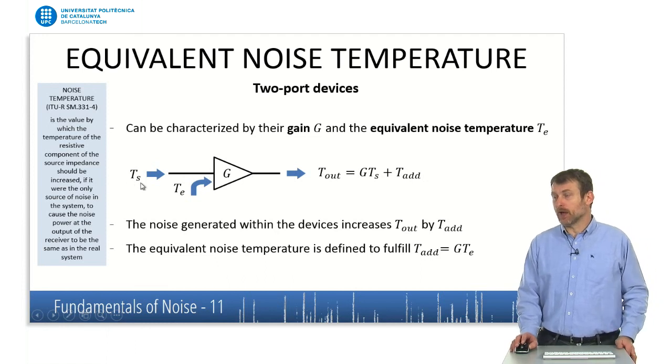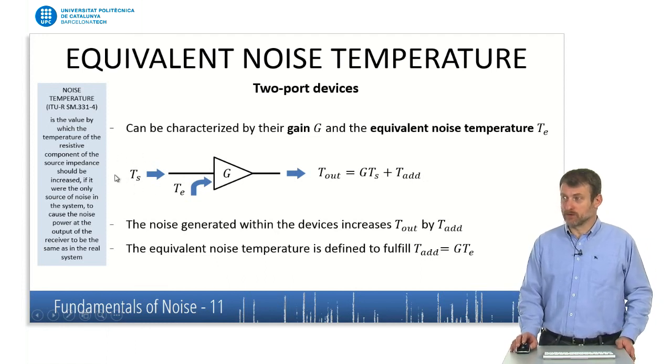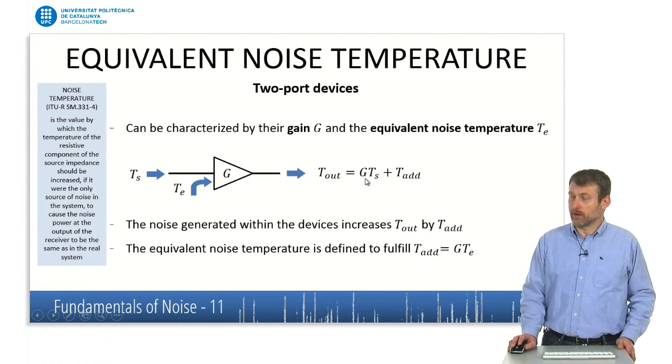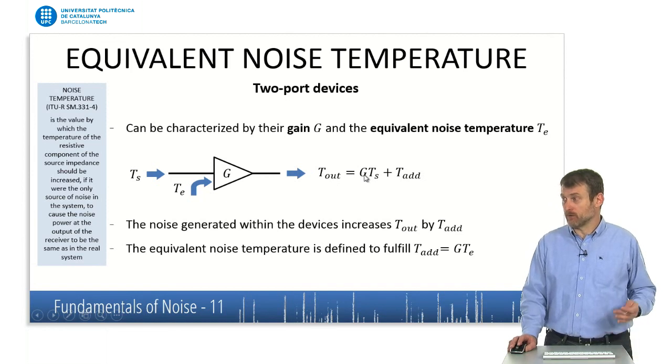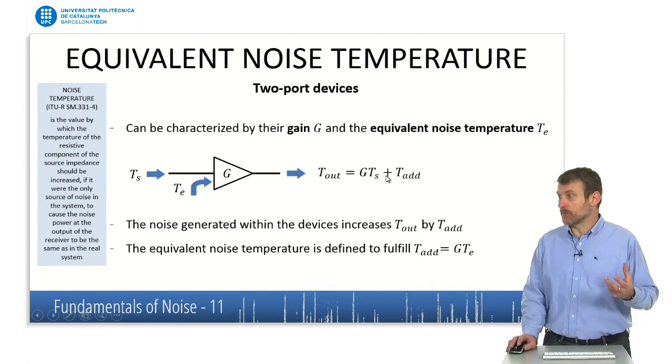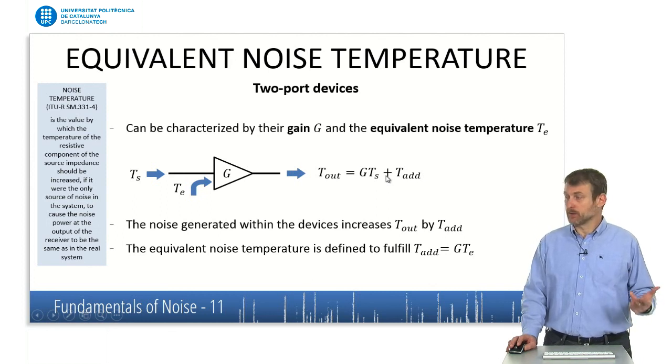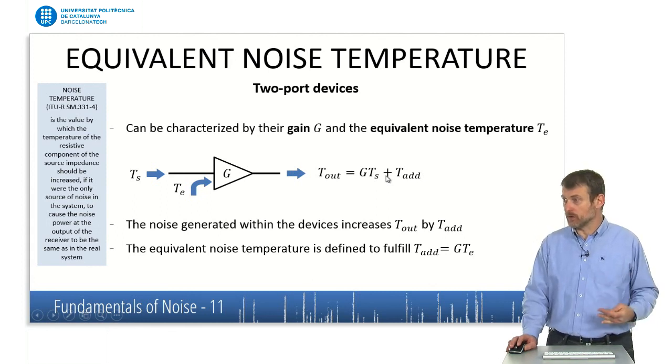So if we have a noise temperature from the source of T sub S, here at the output of the amplifier, the output noise temperature will have two contributions, right? One would be the noise power coming from the input, which will be amplified by the gain of the amplifier, plus a certain noise added by the amplifier, because the amplifier is not ideal, it generates its own noise, right?